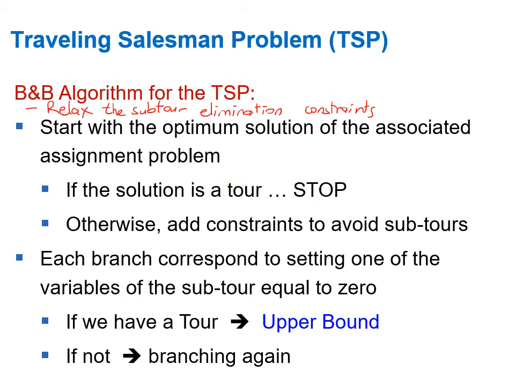Otherwise, if there are some subtours, what do we do? We include constraints to avoid subtours. We are not just including xij equal to 0 or xij equal to 1. We need to add constraints to avoid these subtours and then continue solving the problem.